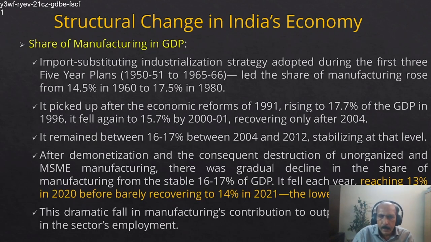As I said, in the beginning, the increased share of industry and manufacturing was on account of the import-substituting industrialization-based strategy we adopted. In the first 30 years, the share increased, and even after the economic reforms, the new economic policy we adopted, the share initially increased, to around 17% between 2004 and 2012, as far as manufacturing is concerned.